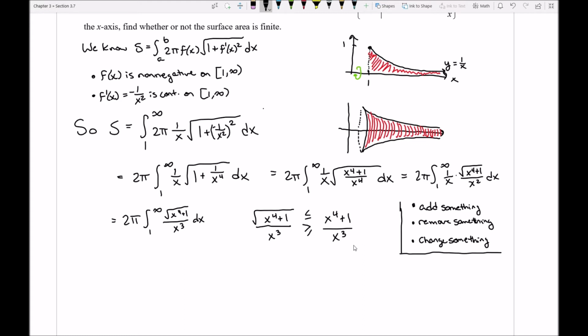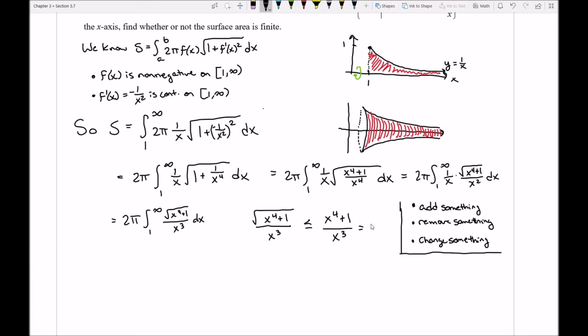I also want to make sure that whatever my new function is, I believe it would be easy to integrate. Now over here, notice that with the removal of my square root, I might actually have all of those things. Would it be bigger to square root a value or not square root a value? Well, since this value is clearly bigger than 1, not square rooting it would produce a larger result.